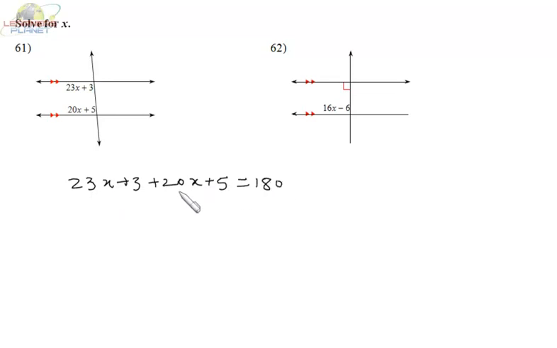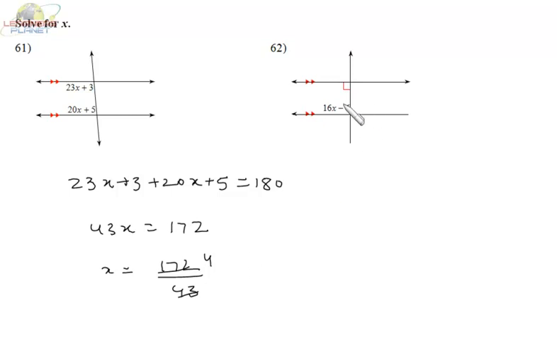So 23 plus 20, that is 43x, is 180 minus 8, so it's 172. So x will be 172 by 43, or we can say 43 into 4 is 172. So the value of x is 4.